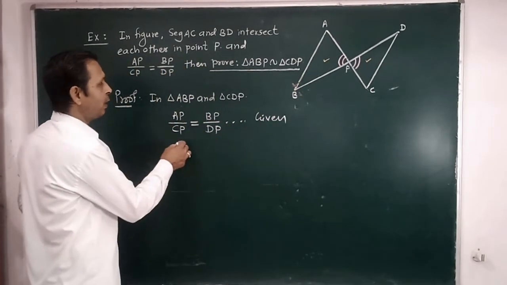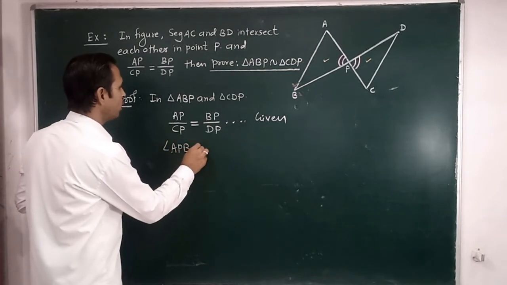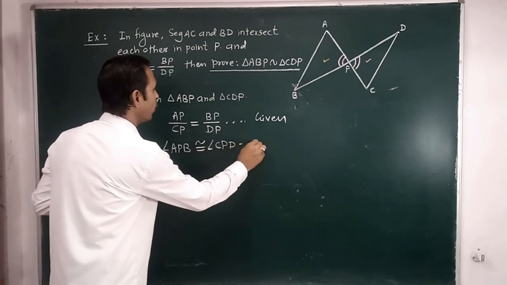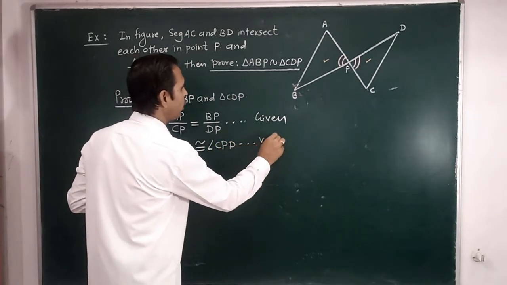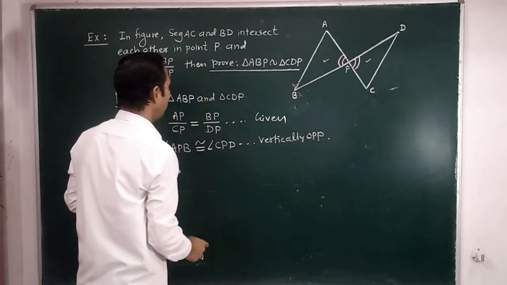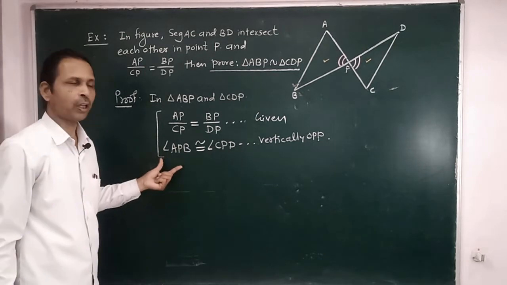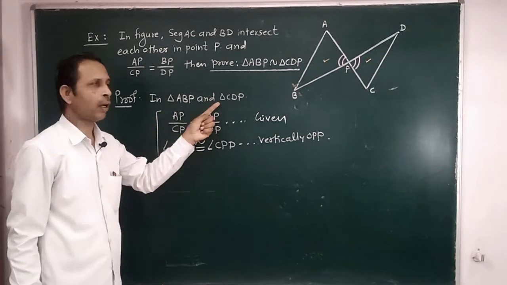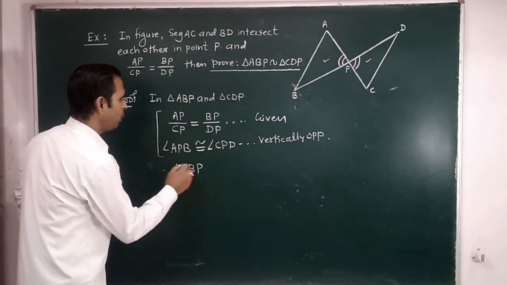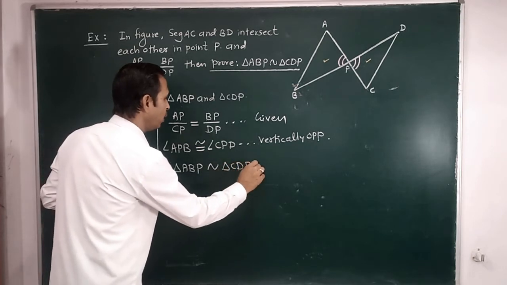Then the next statement, that is angle APB is congruent with angle CPD. This angle is a vertically opposite angle. And from these two statements we conclude that these two triangles are similar, and that's why we write triangle ABP is similar with triangle CDP.